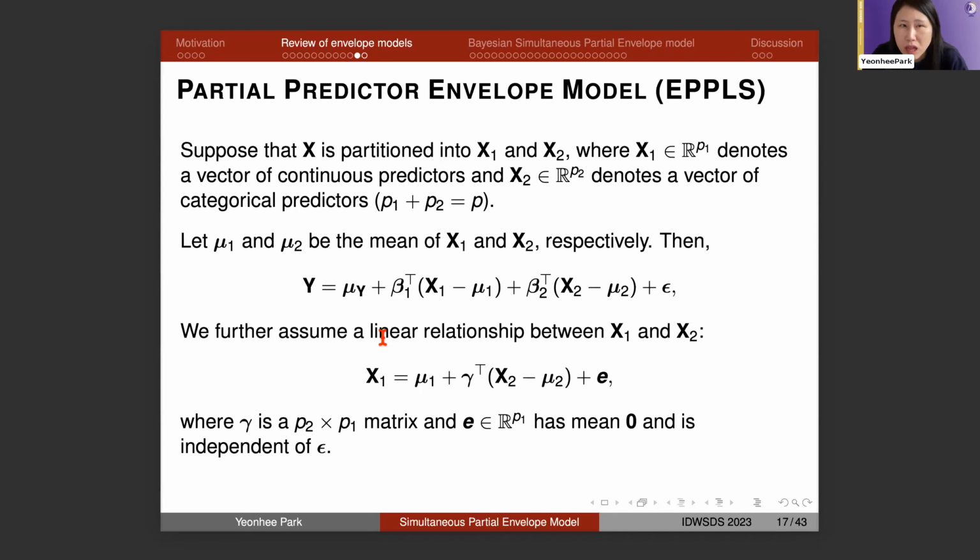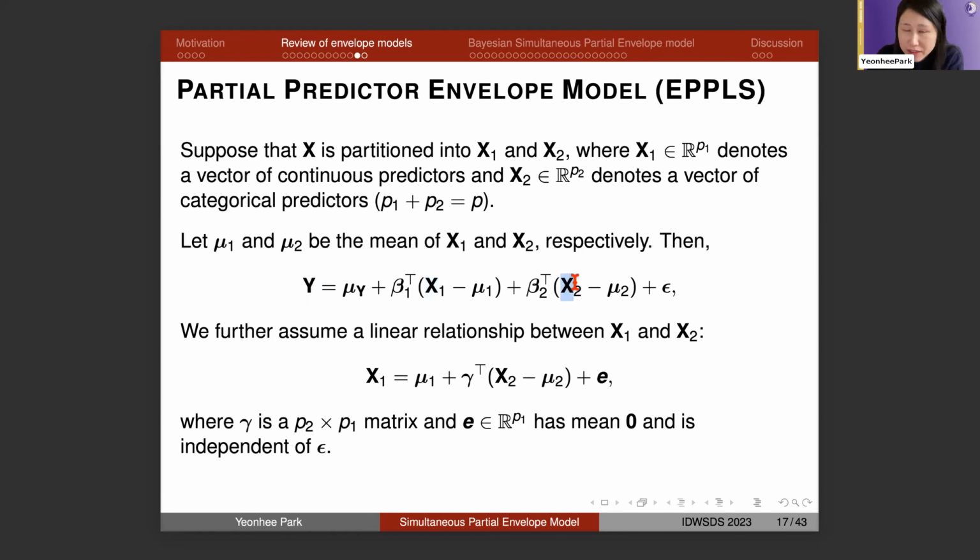So suppose that the predictors X are partitioned into X1 and X2, where X1 is a vector of continuous predictors and X2 is a vector of categorical predictors. Then we could write down the standard model, and we further assume a linear relationship between X1 and X2.